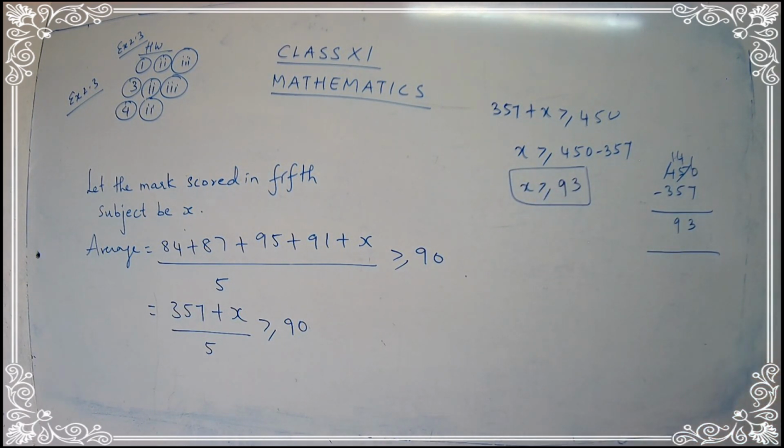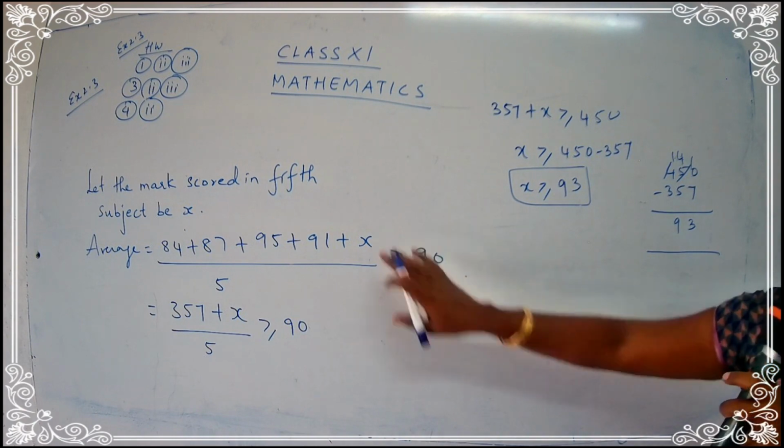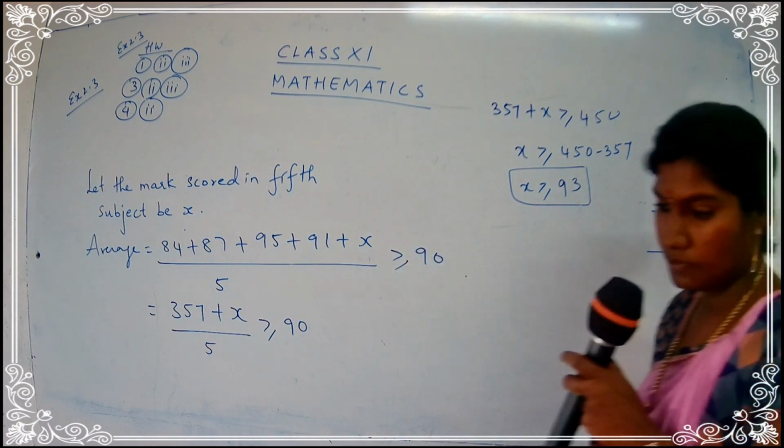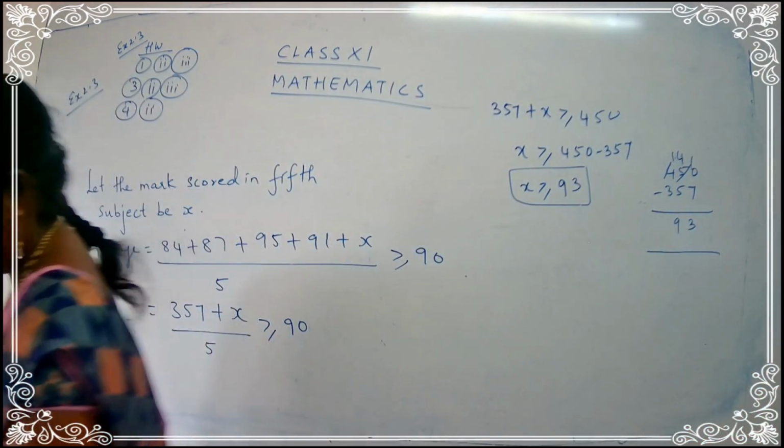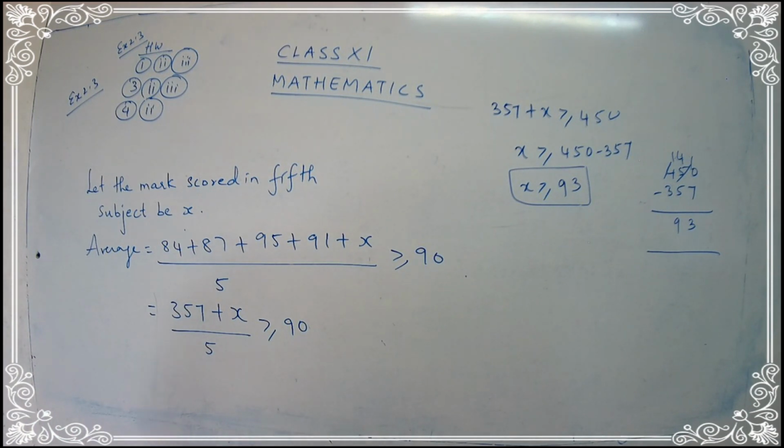So what is the number he has scored in the 5th subject? He has scored 93. That is the conclusion part. What is the minimum mark one scored in the 5th subject?